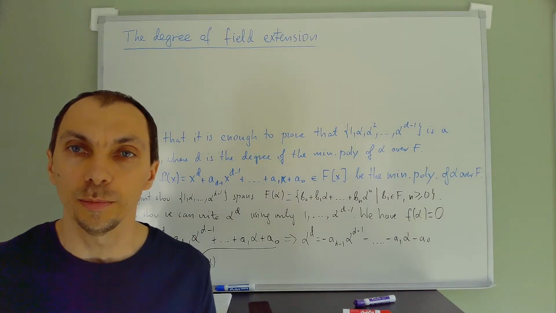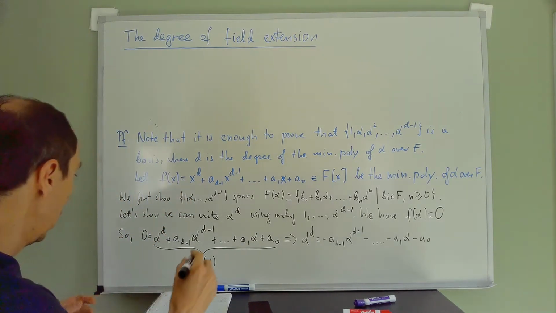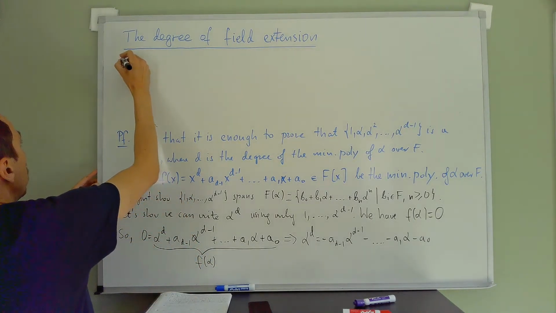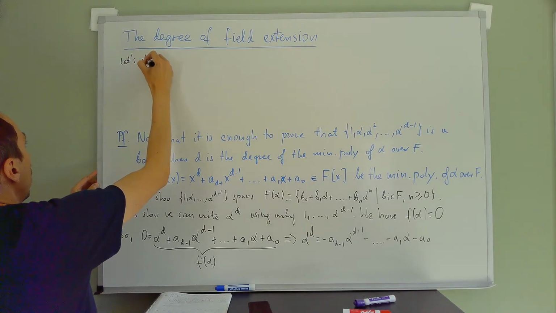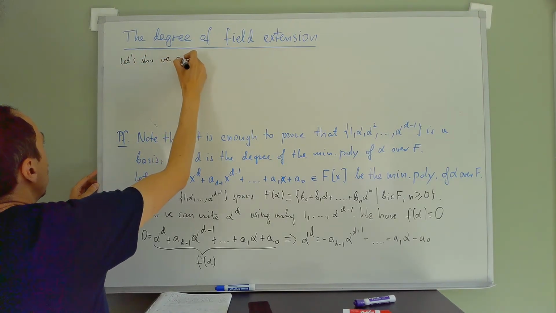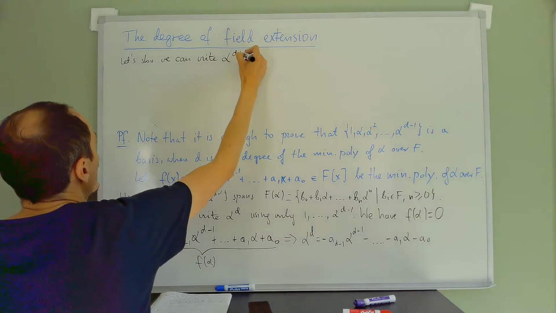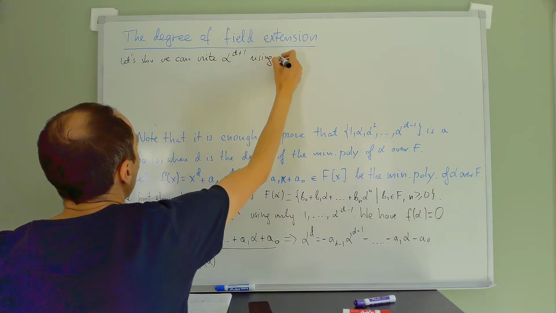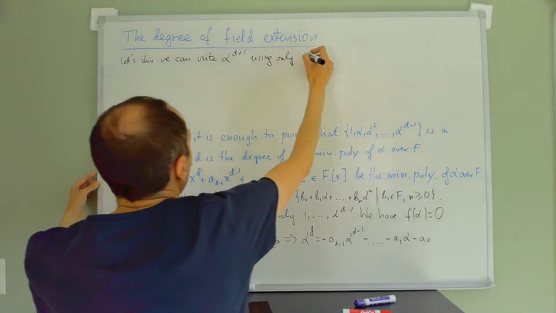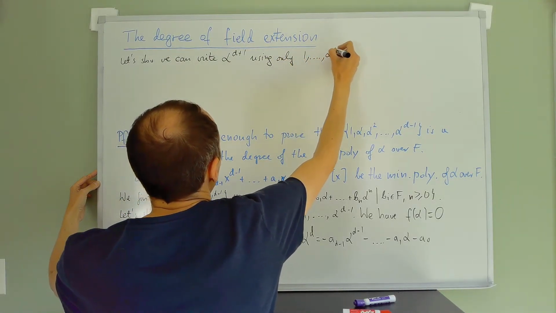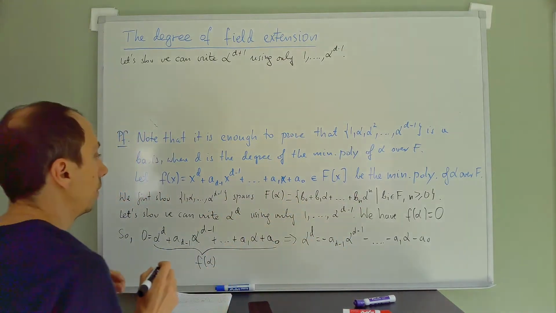Yes, it's slightly more complicated, but I can still do it. Let's show that. So let's show we can write alpha to the d plus 1 using only 1 through alpha to the d minus 1.